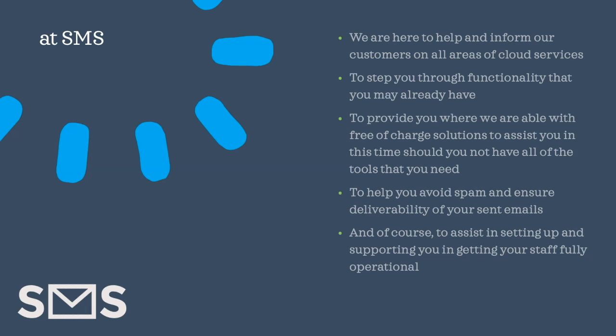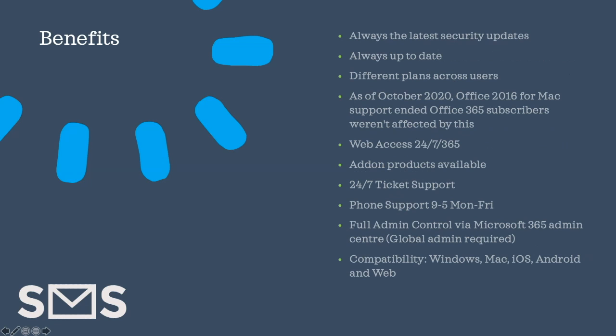So let's just get started with today's webinar on the topic of the plans explained. So what are the benefits, first of all, of Office 365 or Microsoft 365? The benefits are basically that the Microsoft Office 365 stack, as it's known, is a service that's always got the latest security updates.